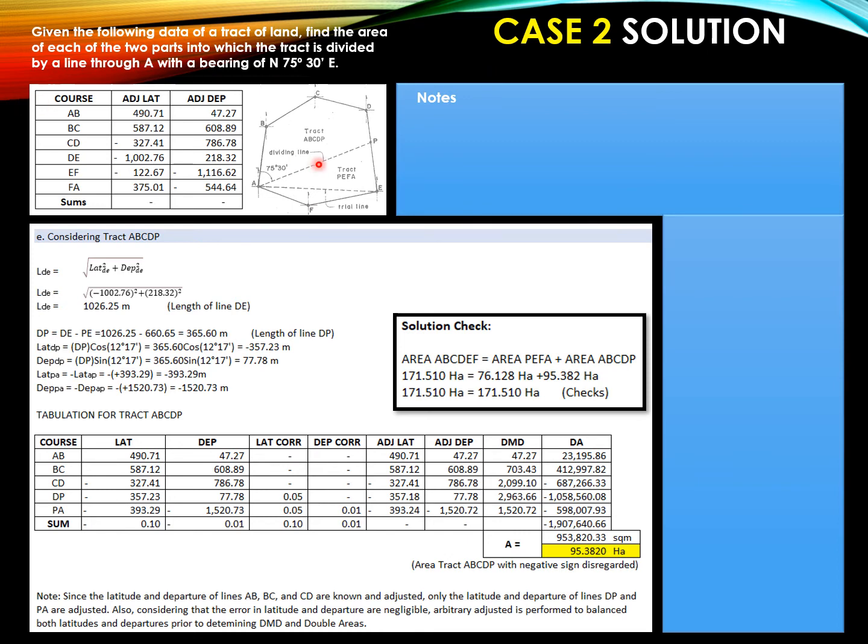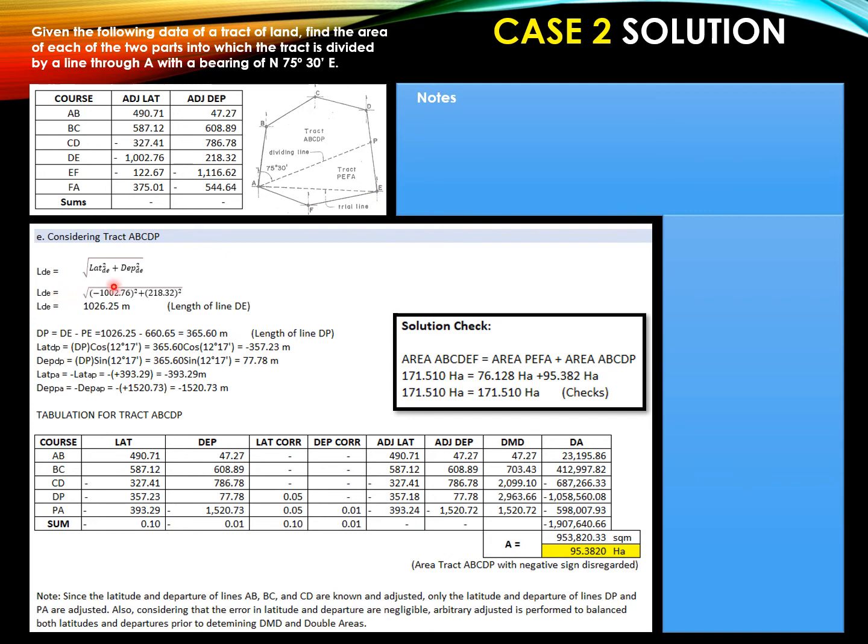Ayan. So, given na tong PEFA. So, dito naman tayo sa ABCDE, CDP. So, yan. Para makuha natin itong area, so we need to know the line DE. So, si DE, ayan.